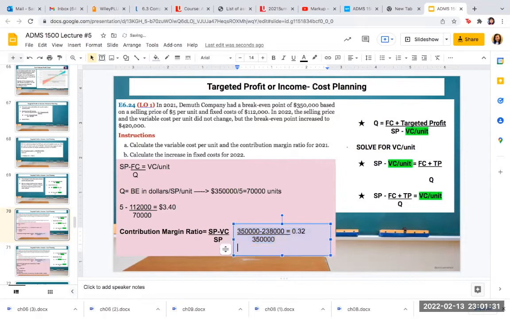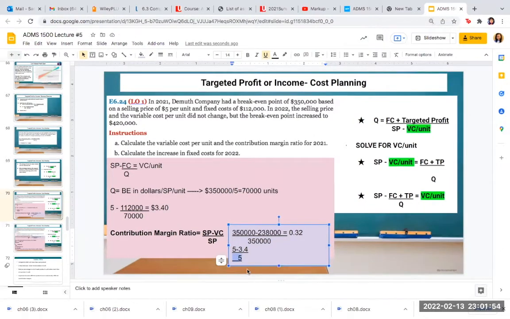So I'm going to write that down there as well. So if we did 5 take away 3.4, and you divide that by 5, that's also going to give you 0.32.